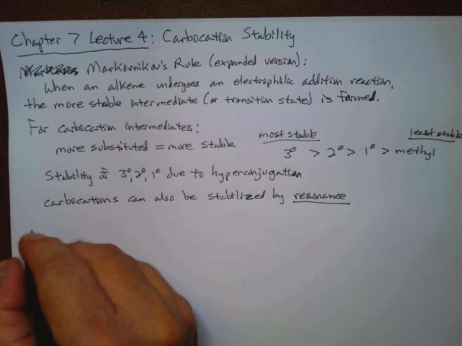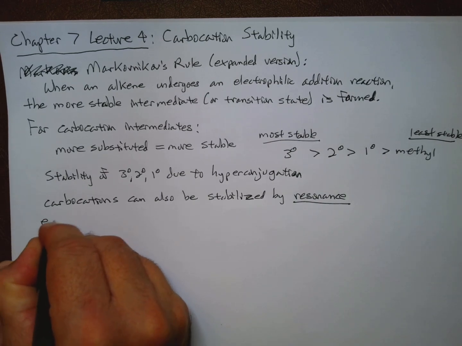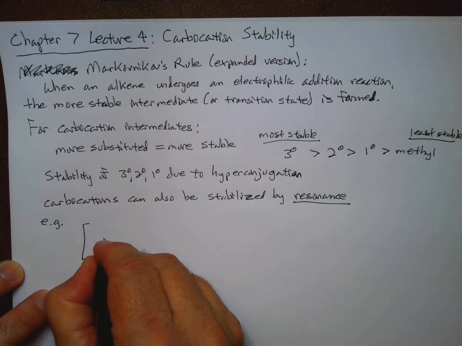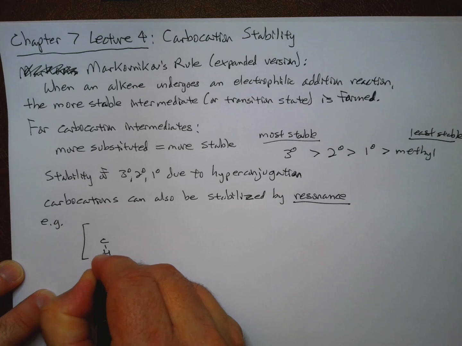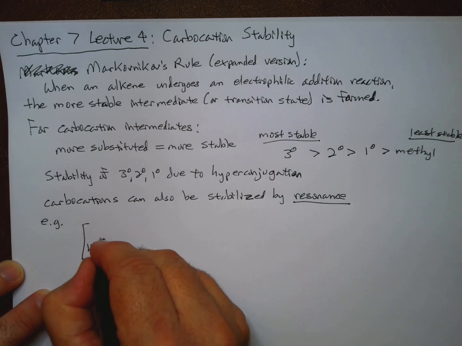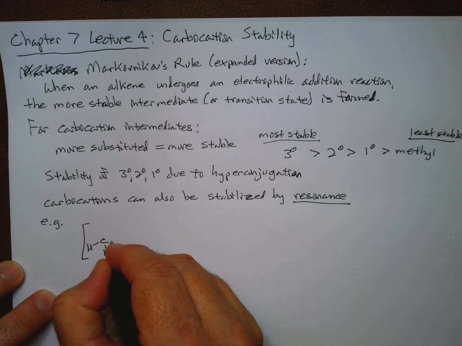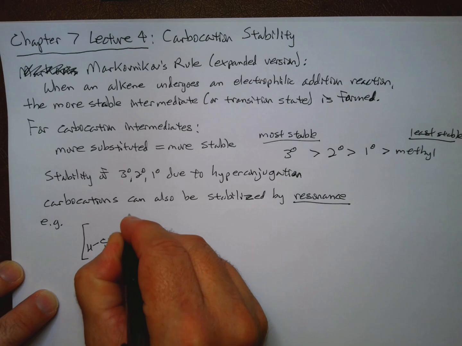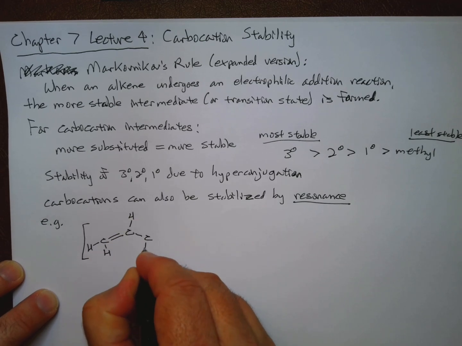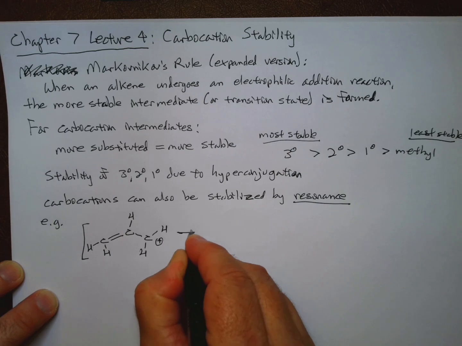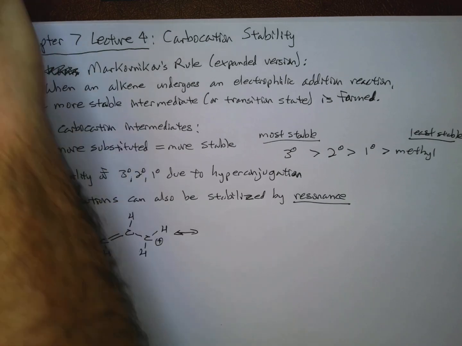For example, let's say I had CH2, CH, CH2 plus.